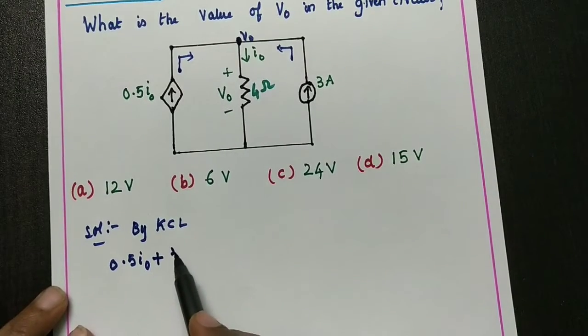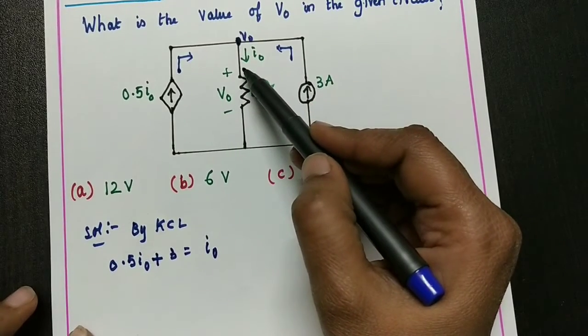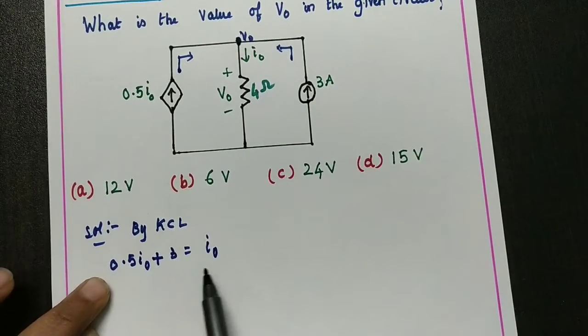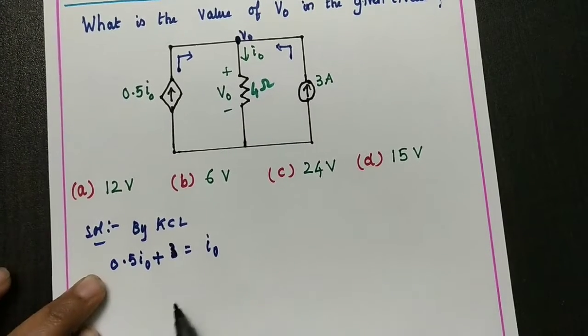So plus 3, that is equal to I0, the outgoing current. Sum of incoming currents equals sum of outgoing currents. So 0.5 I0 plus 3 equals I0.